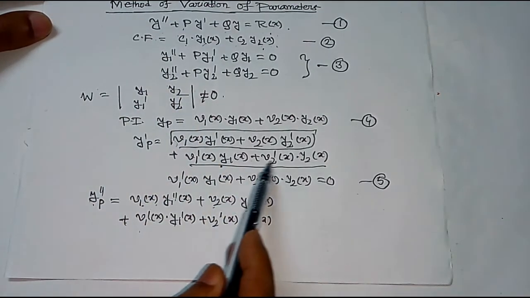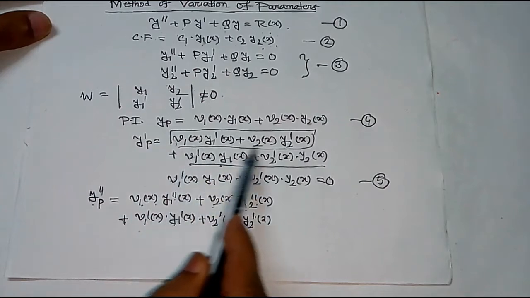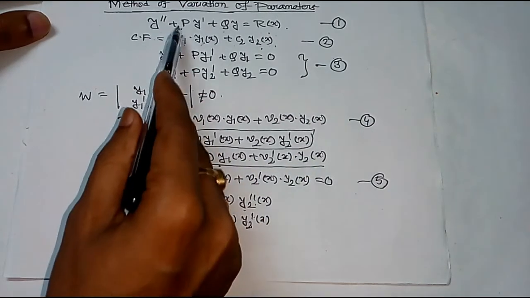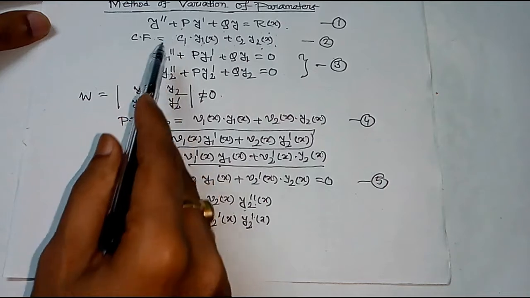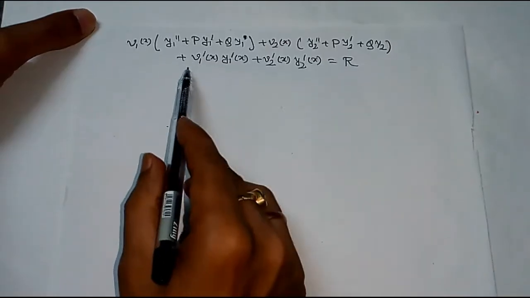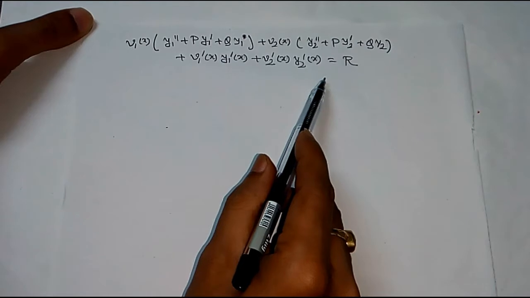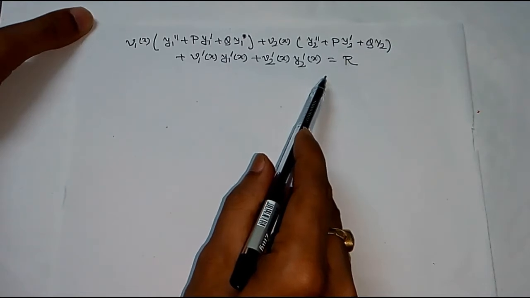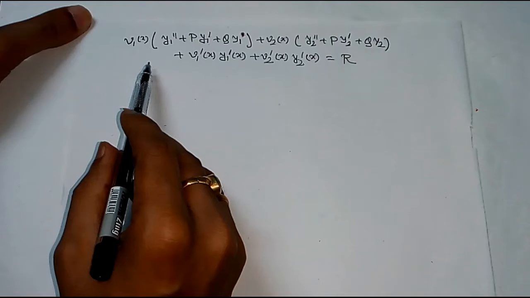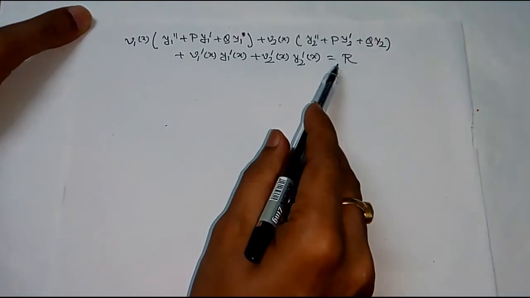Remember that this term is equal to 0, so yp dash is only these two terms. If we replace these values in the main equation, then the main equation reduces to this one.